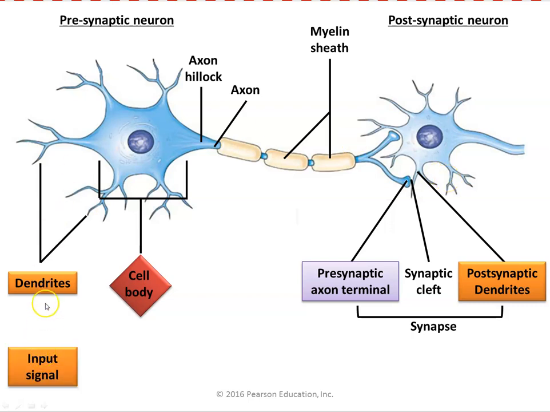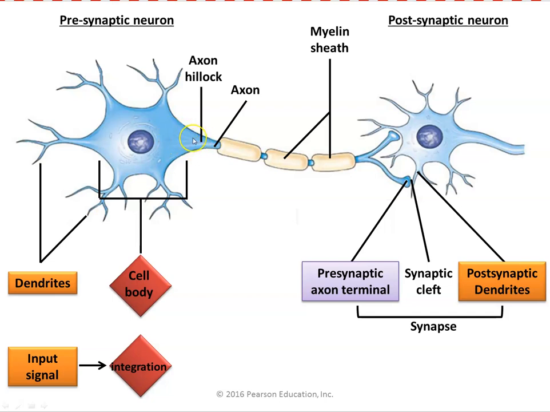So in review, I get an input signal. All that means is the signal that a neuron is receiving. That signal will travel through the cell body. Those are graded potentials, okay? Let's utilize our previous lectures' information. So I integrate, and that integration happens at the axon hillock.